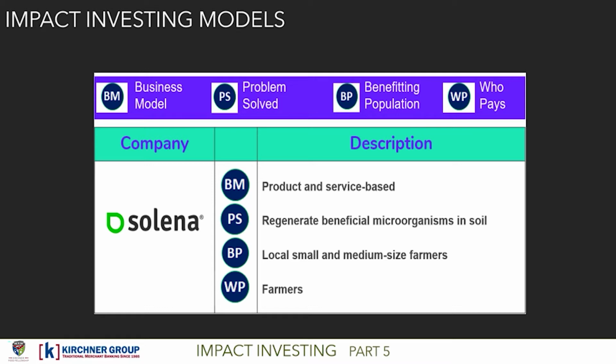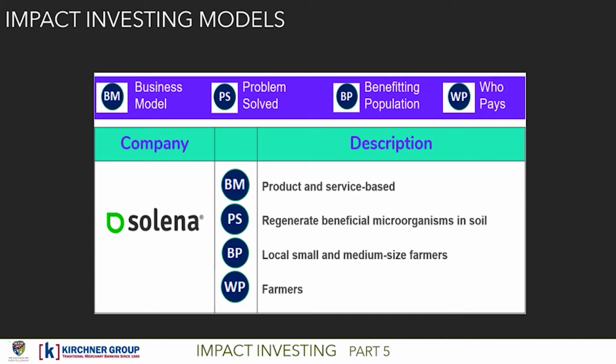The problem that they are solving is that they are regenerating beneficial microorganisms in the soil with local strains, increasing the possibility of adaptation of these microorganisms, but also reducing the ecological risk of moving microorganisms all over the world. The benefited population are the local small and medium-sized farmers from Mexico.